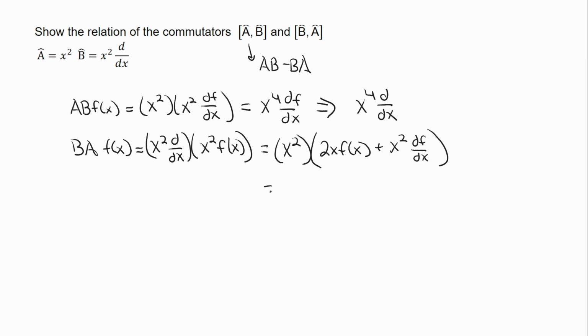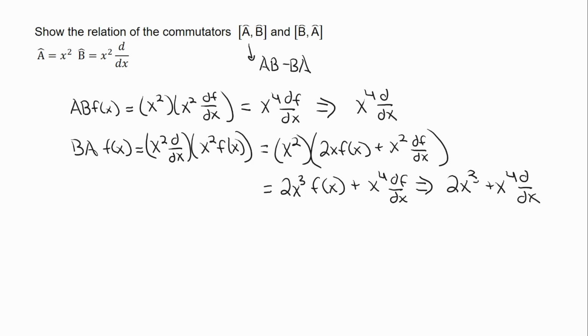And so when we factor that out, we'll end up getting 2x cubed multiplied by f of x plus x to the fourth d over dx applied onto f of x. And so when we factor out our f of x, we'll end up getting 2x cubed plus x to the fourth times the first derivative.